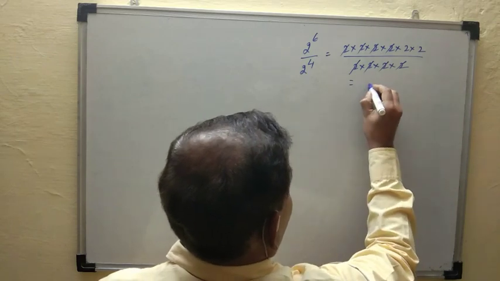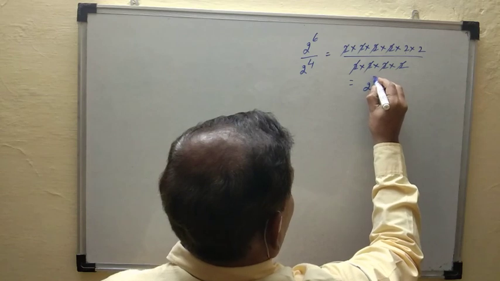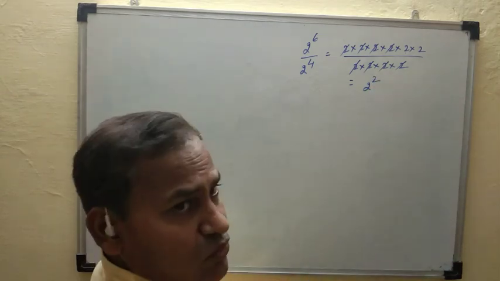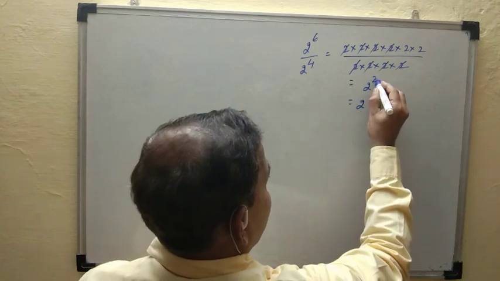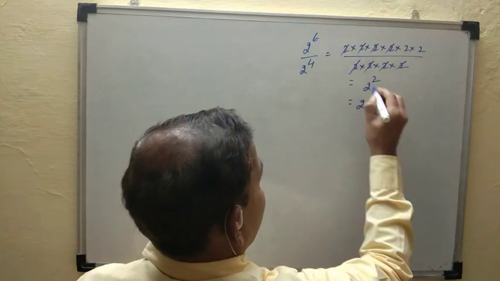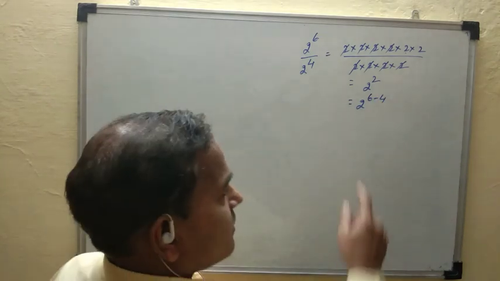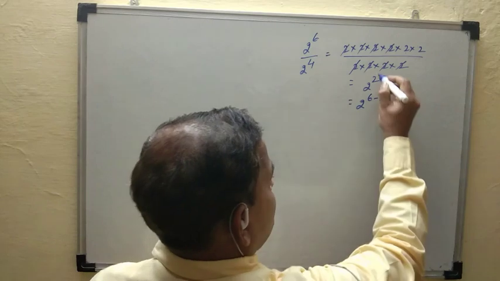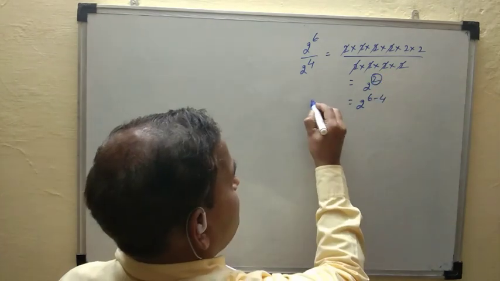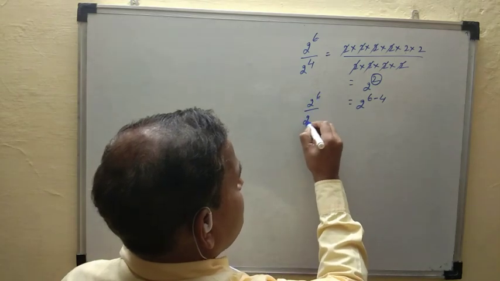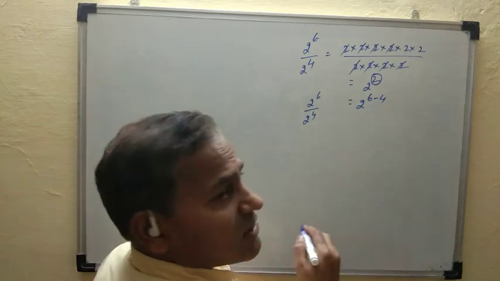So the remaining terms are 2 into 2, which becomes 2 to the power 2, and this power 2 comes from 6 minus 4. This is the value of 2 to the power 6 upon 2 to the power 4, which is equal to 2 to the power 6 minus 4.